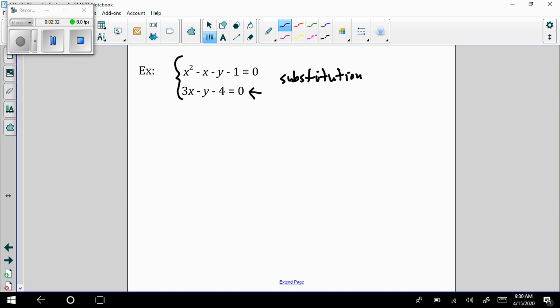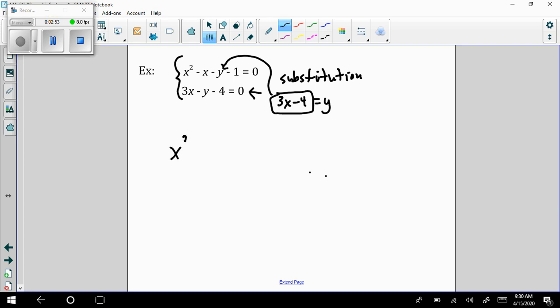So if I take this equation and solve it for y, if I move the y to the other side, then I get 3x minus 4 equals y. And then I can use substitution, plug that into the first equation, and solve for x. So let's go ahead and do that.